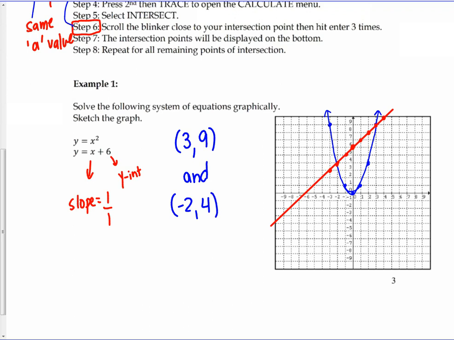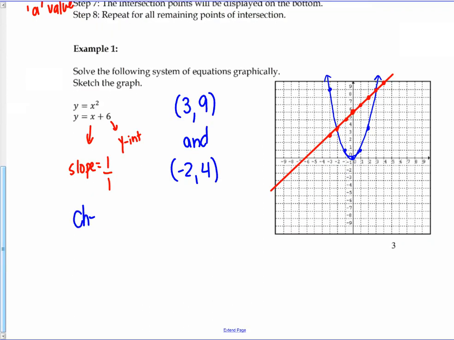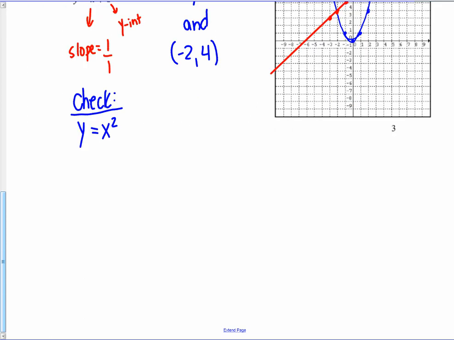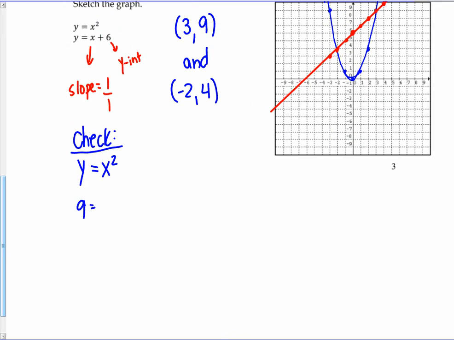Okay, how do we check our work? Let's talk about checks. Plug it into each formula. For y equals x squared, we have to check both values. Does 9 equal 3 squared? Yes. Does 4 equal negative 2 squared?